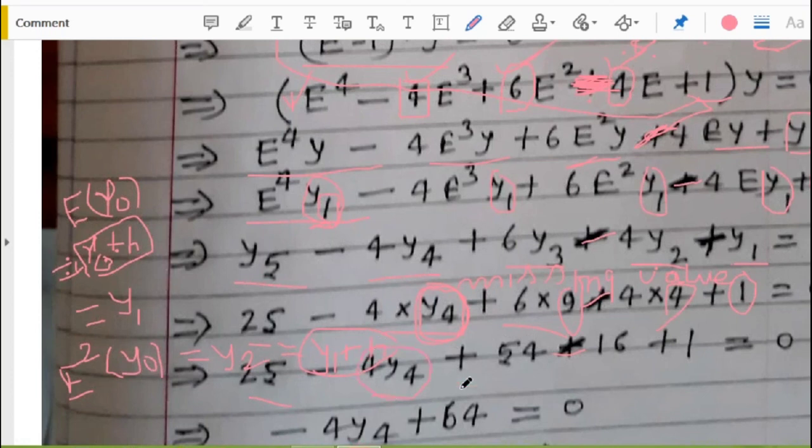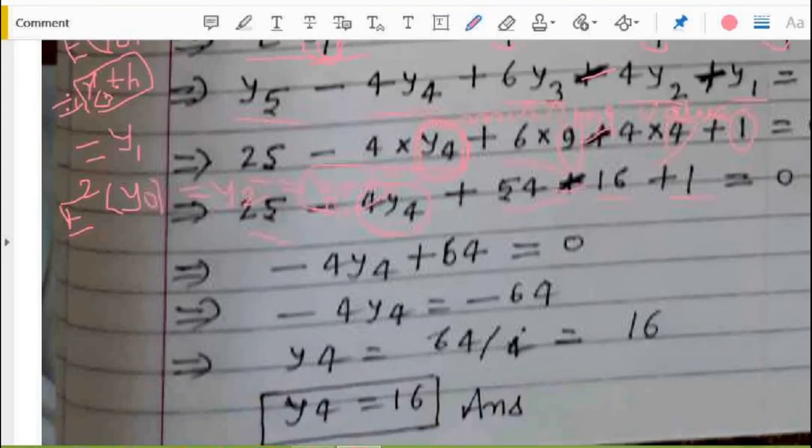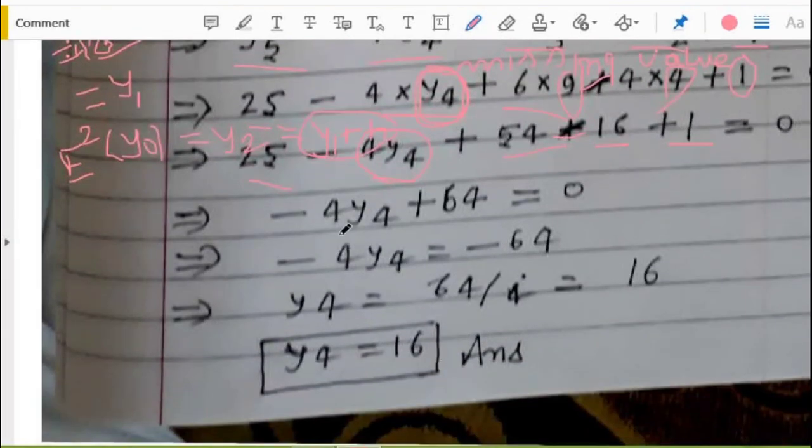This gives 54 minus 16 plus 1, and then ultimately minus y4 plus 64 is equal to 0, and y4 is 16.